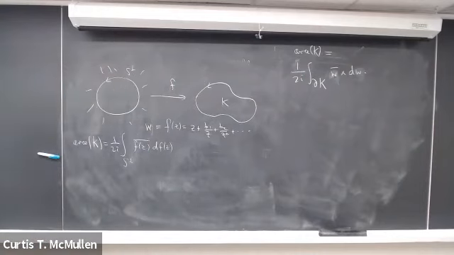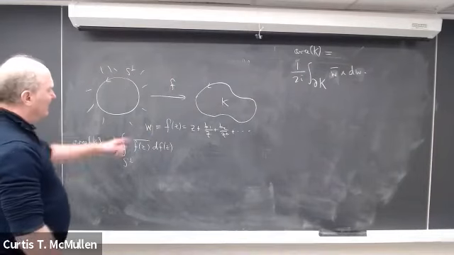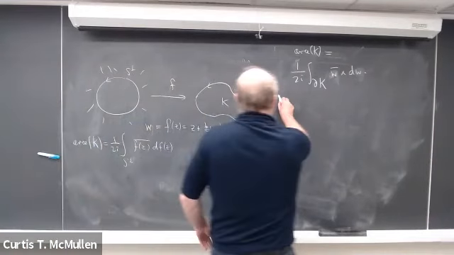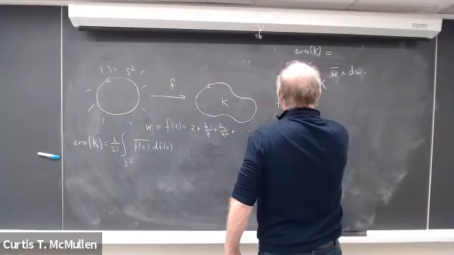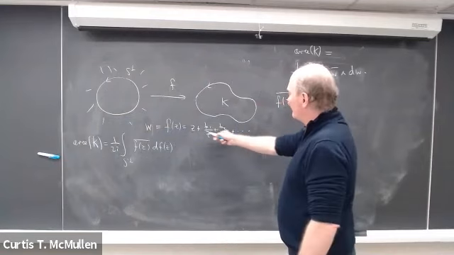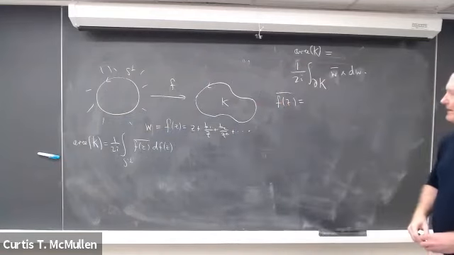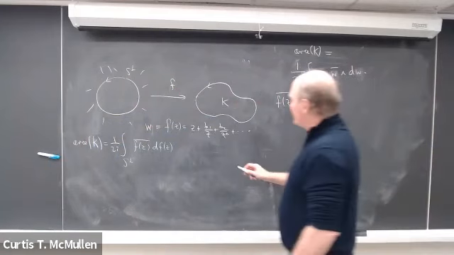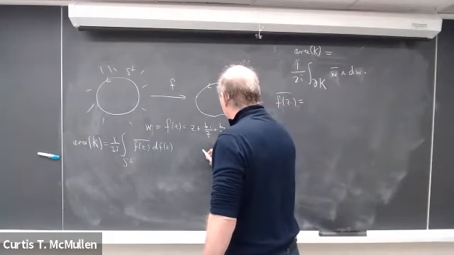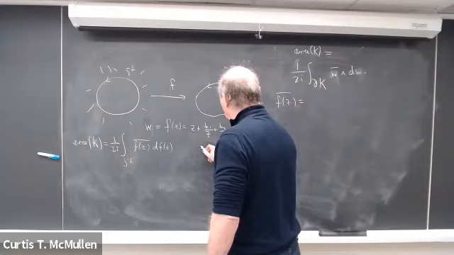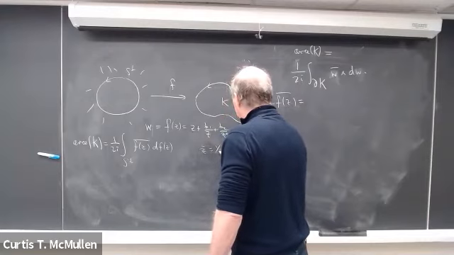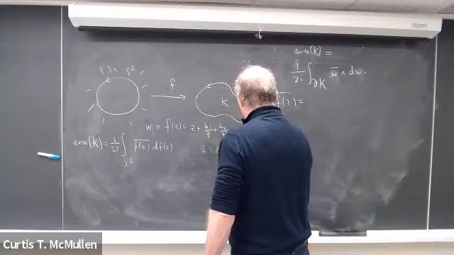And now, what is f of z bar? That's pretty easy. f of z bar is obtained by just barring every term in this equation. But now let's remember that z bar is the same as 1 over z on the circle.